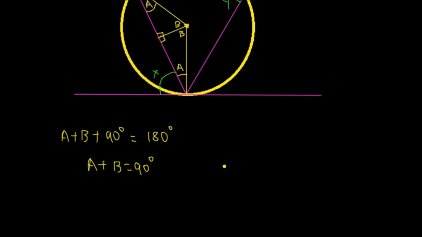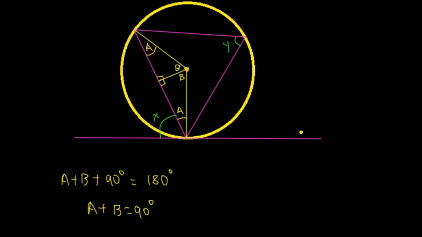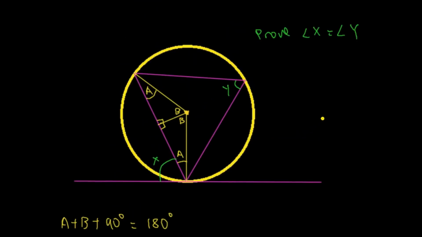Now what we have to look at is what I just talked about right before I drew this diagram: this is the radius of the circle extended down, and that is the tangent line to the circle. This angle here is always 90 degrees because the radius is perpendicular to the tangent line.